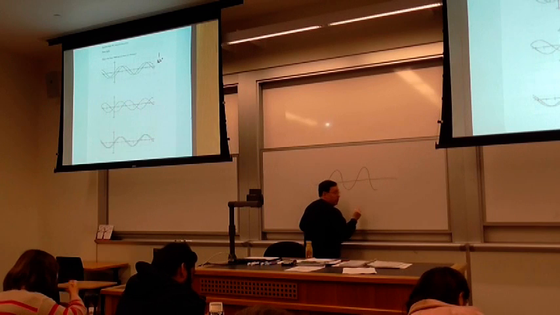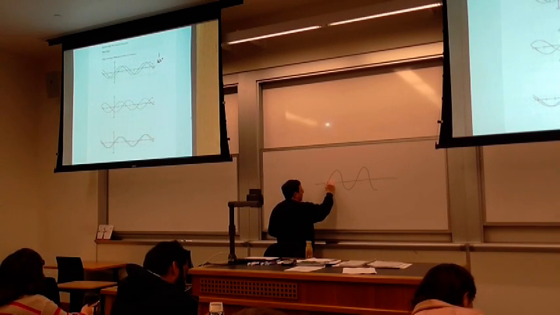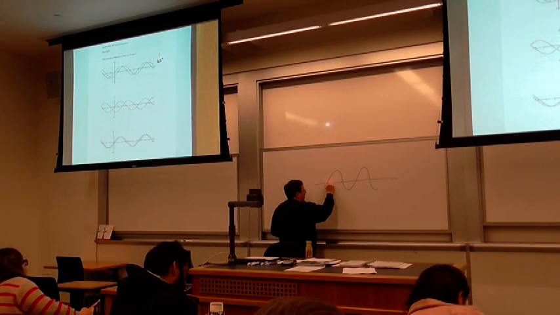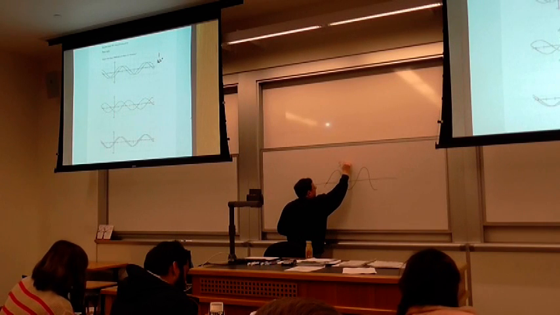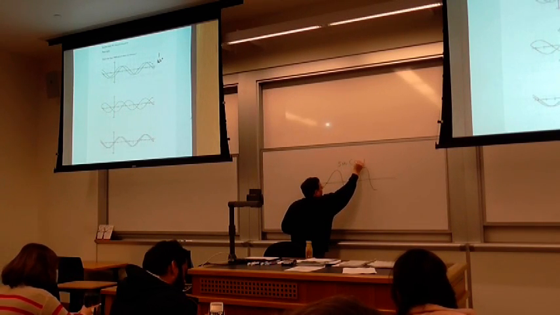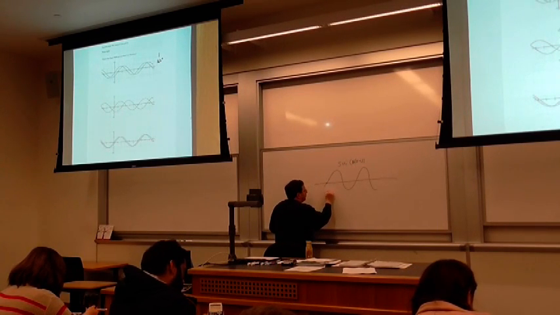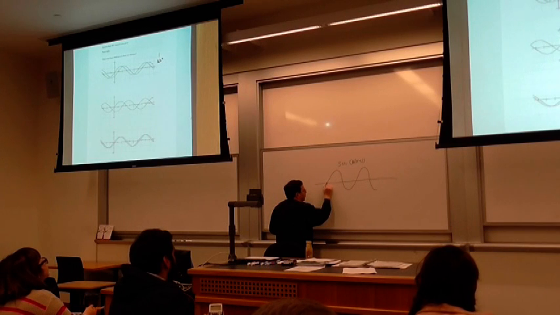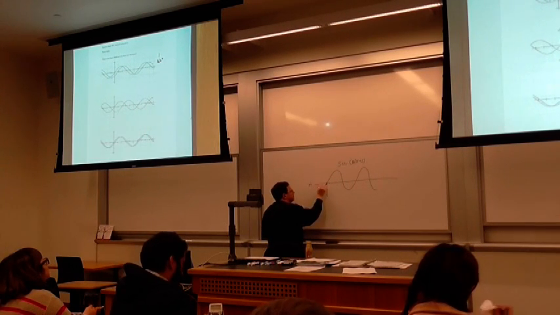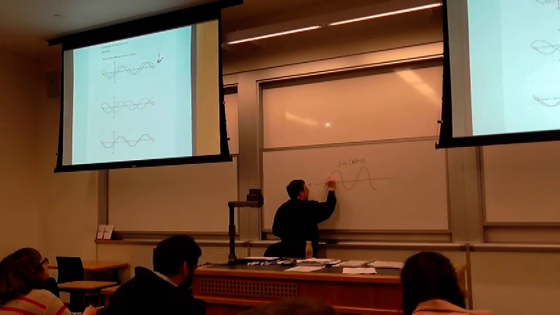So we have a sine function. C is the point where it crosses the midline and it's going up.